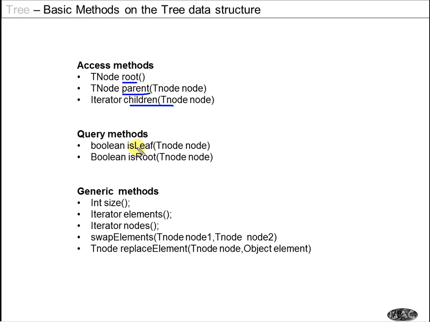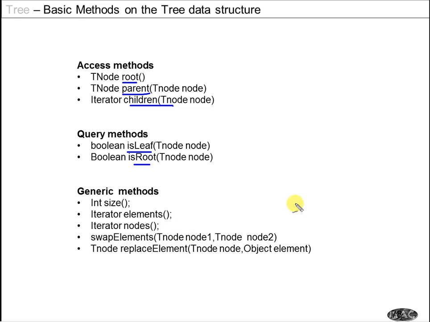Query methods, there is a method called isLeaf. It will take the node as an input and check whether it is a leaf node or not, returning true or false. Is it a root node? And then there are some generic methods like size, elements, nodes, swap elements.